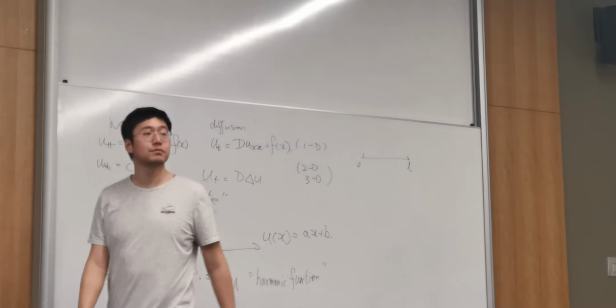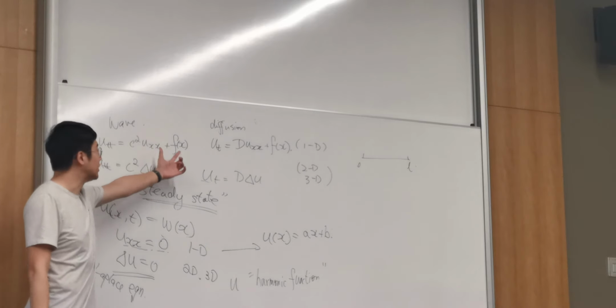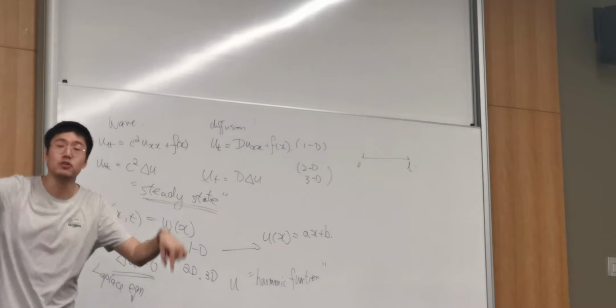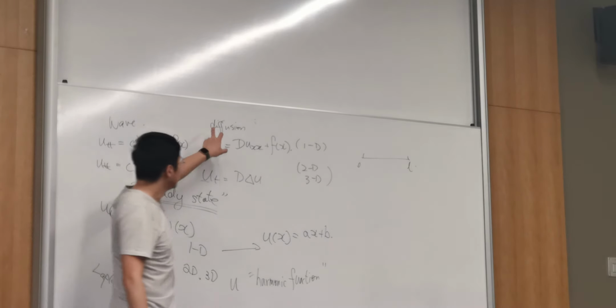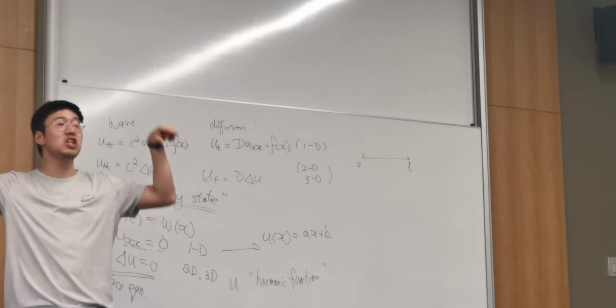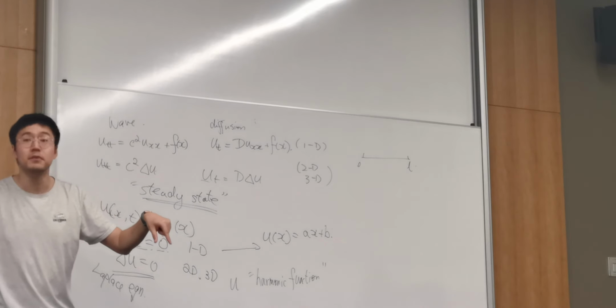This is the inhomogeneous case. In the wave equation, this f means that on every single point of the string, I'm imposing some force. In the diffusion equation, f(x) means that I'm injecting mass, or injecting temperature, at the rate of f(x) on every single point.